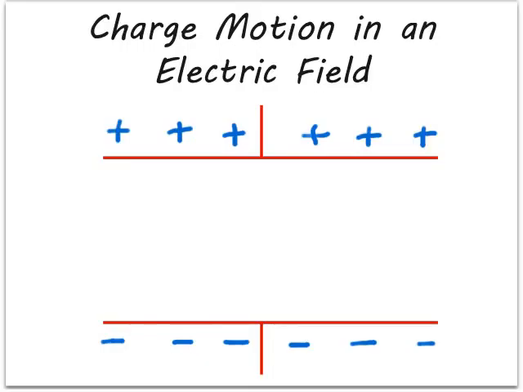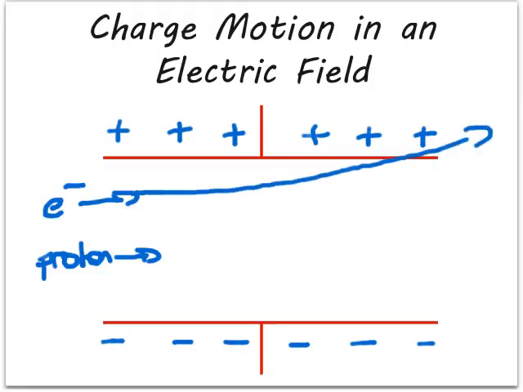Now if I send in an electron flying into there, or let's say a proton, then from the law of charges we know that the electron is going to be attracted to the positive plate, so it's going to curve upwards, and the proton is attracted to the negative plate, so it will curve downwards.